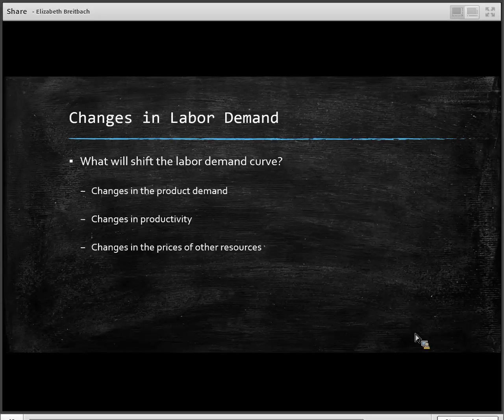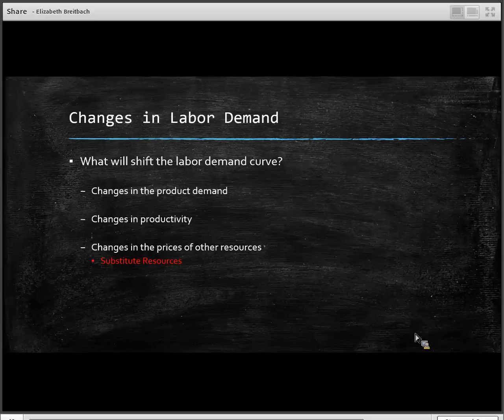And then also the prices of other resources. And this is kind of an interesting one. One of the ways that prices of other resources can affect labor demand is if these products are substitute resources. So we can think about something like digging a ditch. I can either hire workers to dig a ditch, or I can get a piece of equipment, machinery, to dig that ditch.